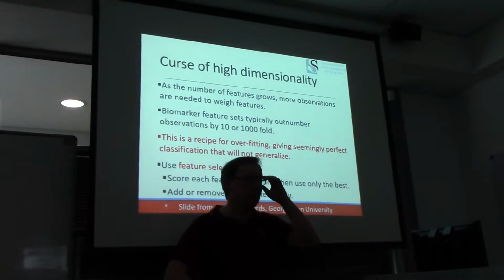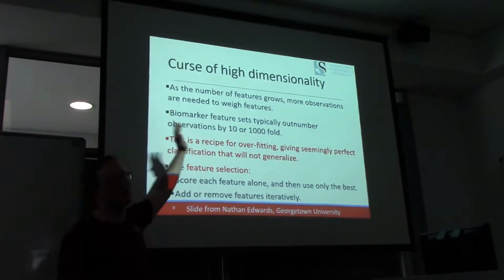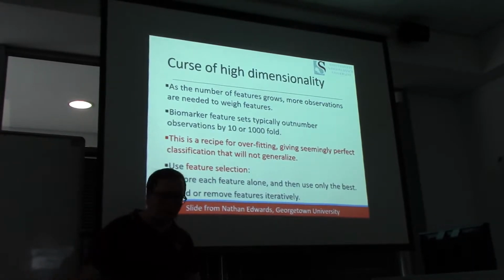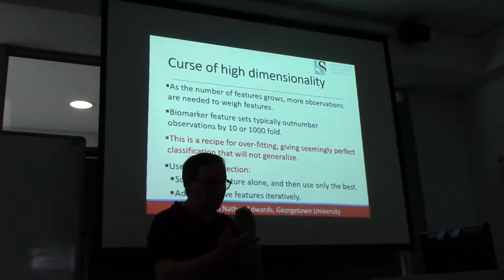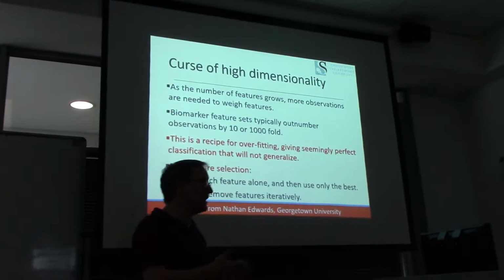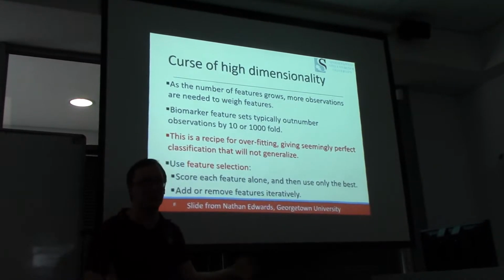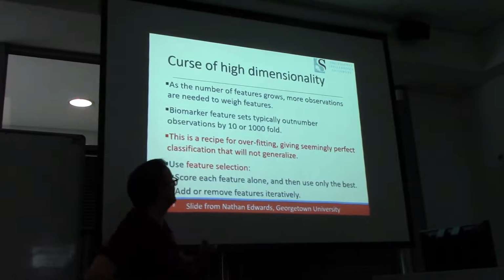Okay, now, feature selection. The curse of high dimensionality. We work in biotechnology, and that probably means that we're using something like a mass spectrometer, or we're using a sequencer, or we're using a microarray, something like that, to make lots and lots of measurements from an individual sample. This, however, leads to a really ugly situation.